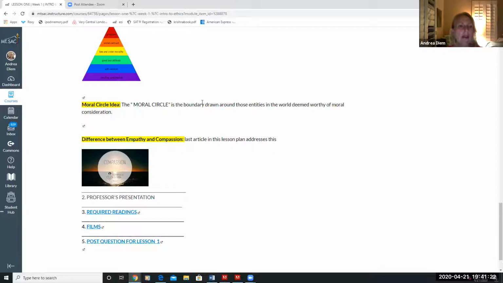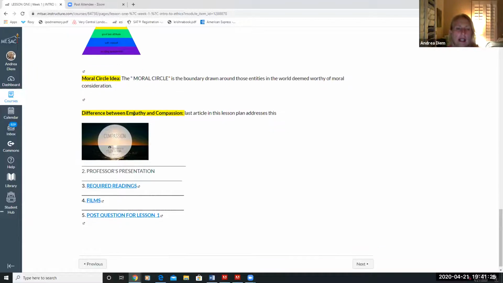That's the argument. Now, I have a small one-pager reading on the difference between empathy and compassion. I thought that was a cool article, and it highlights that there's a big difference between empathy and compassion, even though they sound very similar. Empathy is feeling sorry for somebody, and it brings you pain to see what they're going through. Compassion is acting upon it and not just feeling sorry, doing something about it.